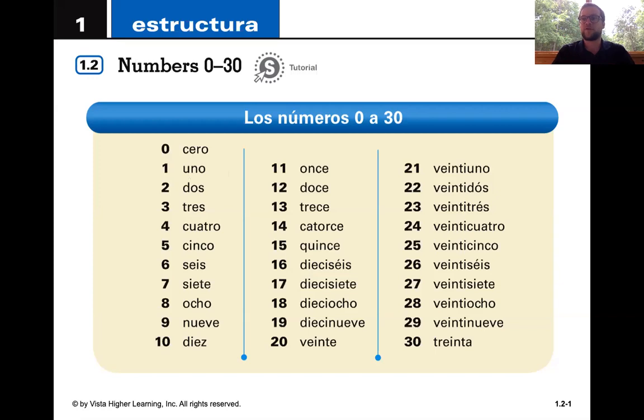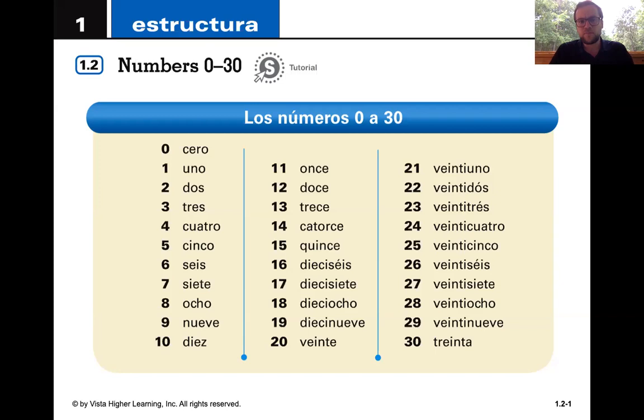If you have a cup of coffee, it's 1 cup of coffee. That's why we have to gender nouns that are using 1, 21, 31, 41, and so on. A cup of coffee is still 1. Una taza de café. You're still saying 1, but it's gendered.